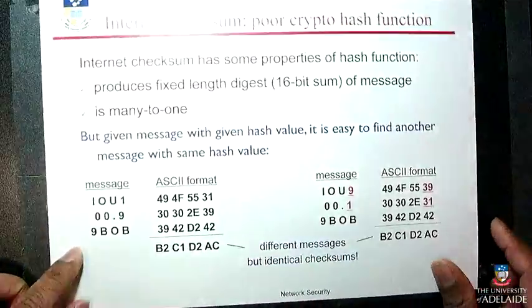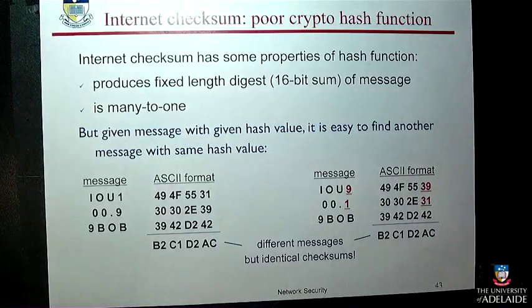There's a whole bunch of properties of hash functions that are really important. One thing I want to talk about is this. Think of the internet checksum. Say internet checksum is the way we generate a hash function.